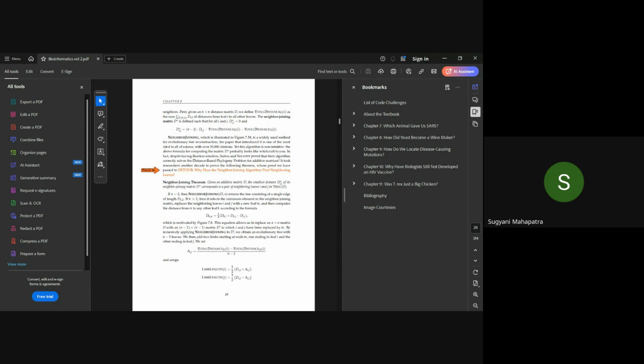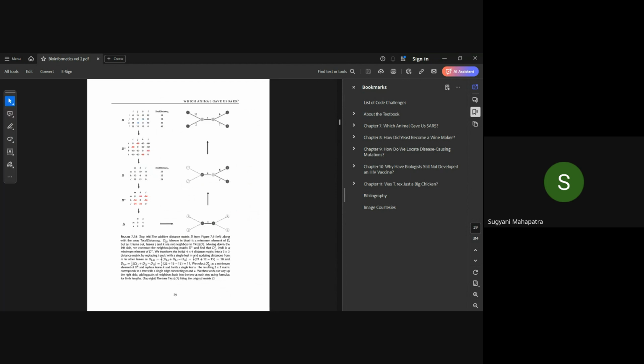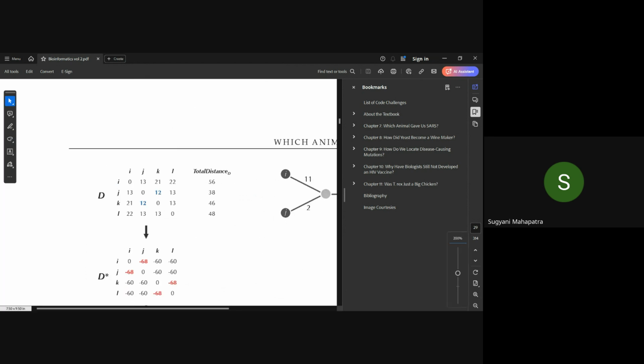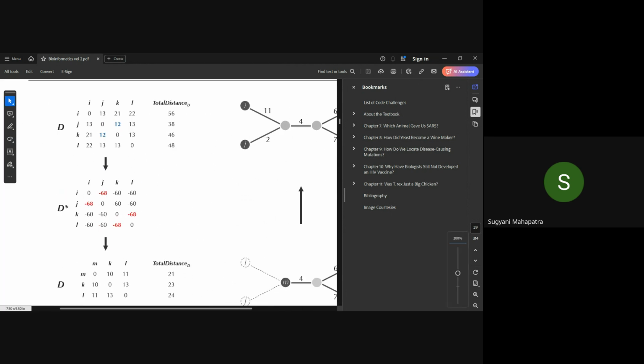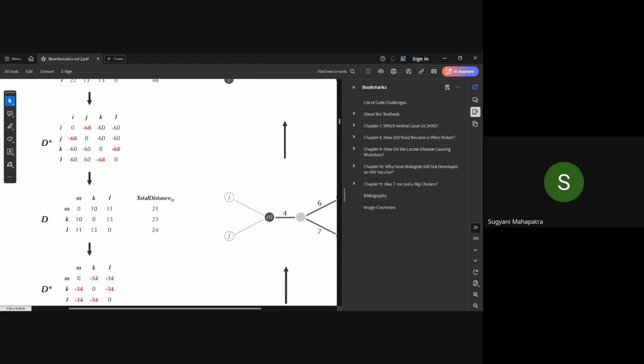Sorry, not the maximum values. That was UPGMA, so I got confused. In neighbor joining, we compute this D star and then we find the one with the minimum value and we just remove it.